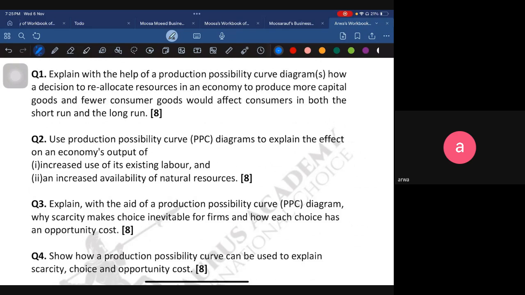One thing that I will do is teach you the method of doing the 8 and 12 marker in the class. In one of the classes, I will perform one of the 8 markers with you, so you have an idea of how to put all the assessment objectives, including knowledge, analysis and evaluation, into your answer. Then you can start doing the questions afterwards.